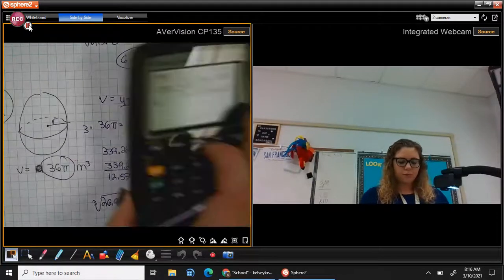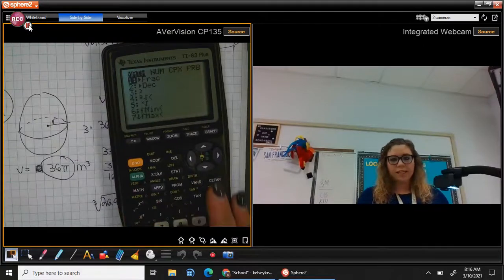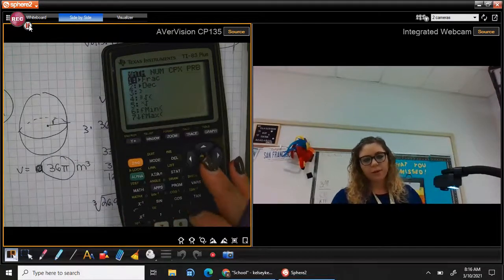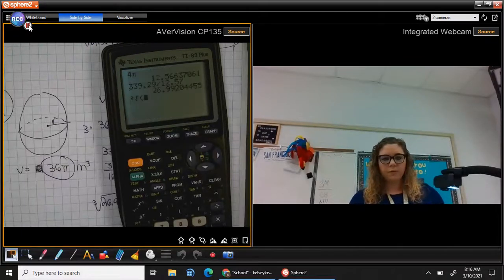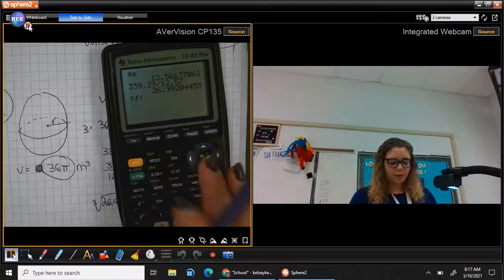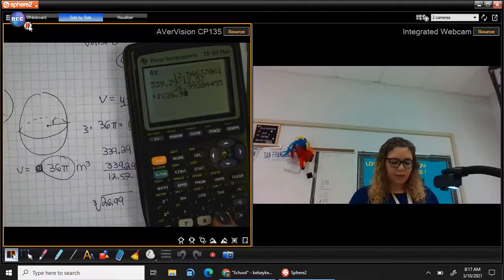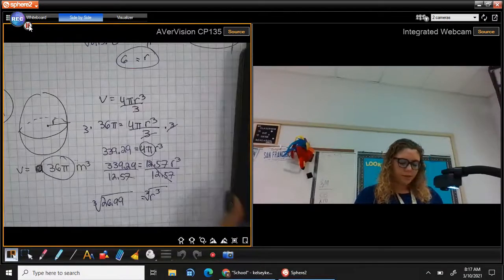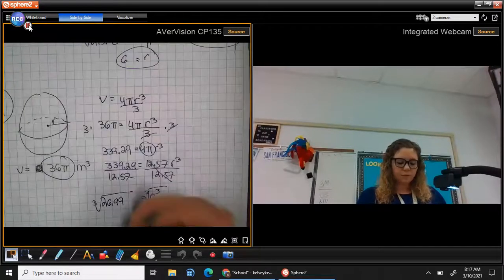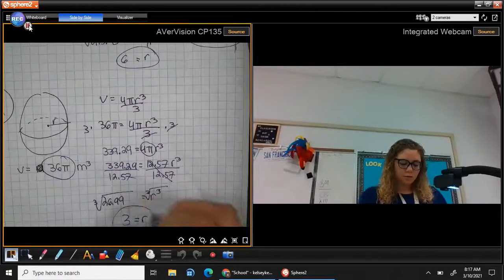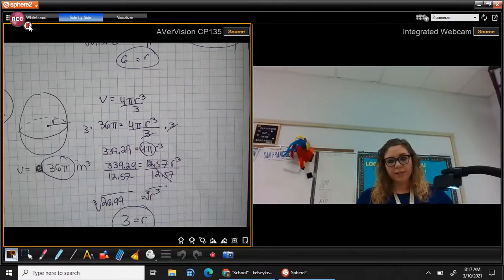So to take the cube root, it's easier if you do it on Desmos, but if you have a calculator, this is how you're going to do it. Go to math, option 4. Okay, make sure there's a 3 right there. So the cube root of 26.99 is going to give you, rounded to the nearest whole number, 3. And that is my radius.